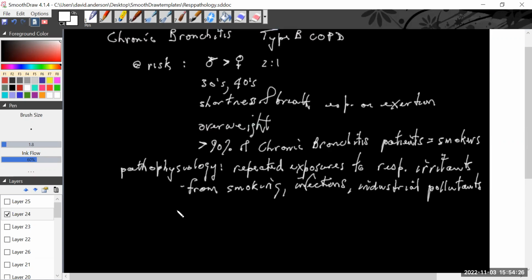So the whole idea is, again, we're going to start with inflammation. And the inflammation is going to lead to localized edema and attempts at repair.